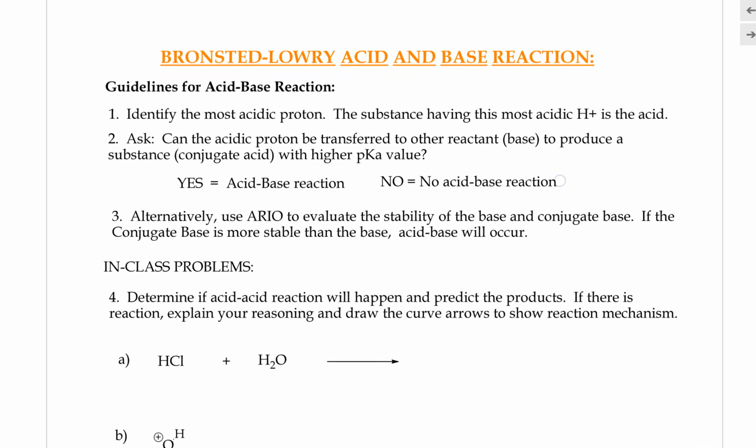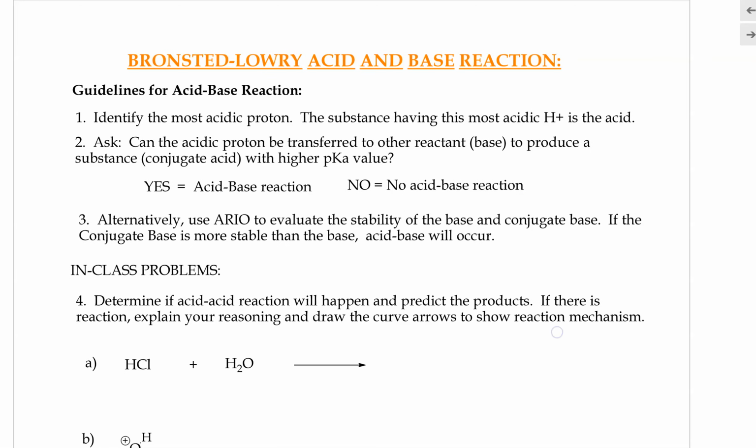So to determine whether an acid and base reaction would occur or not, these are the steps or guidelines that we can follow. First, identify the most acidic proton in the reactants given to us. And the substance having the most acidic proton on it would then be the acid. And again, we can basically look up pKa values to identify the most acidic proton.